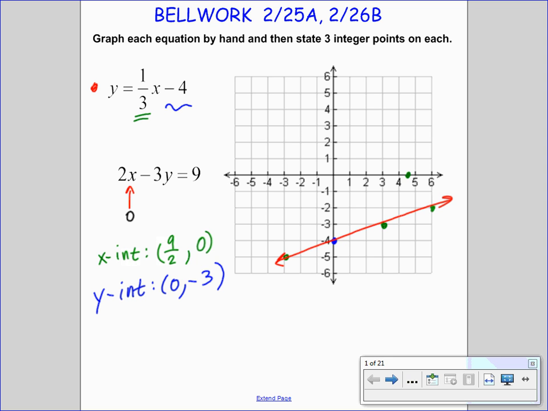Let's go ahead and plot that. All right, so I've got my first line graphed in red. I'm going to do my second graph in black. And that was a good blast from the past, if we remember standard form versus slope-intercept form.